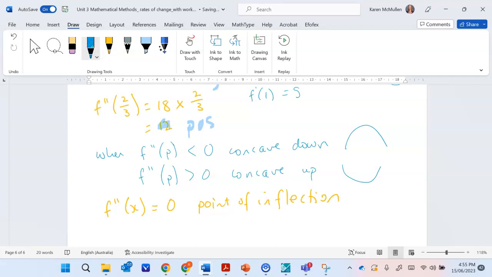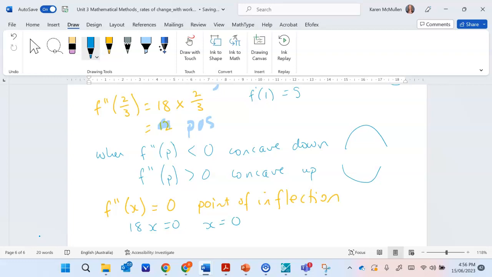So let's just do that. So 18x, no, sorry, what am I doing? Sorry, I was doing it right. 18x equals 0. In my head, I had the answer is 1, but x equals 0. So you have an inflection point at x equals 0.